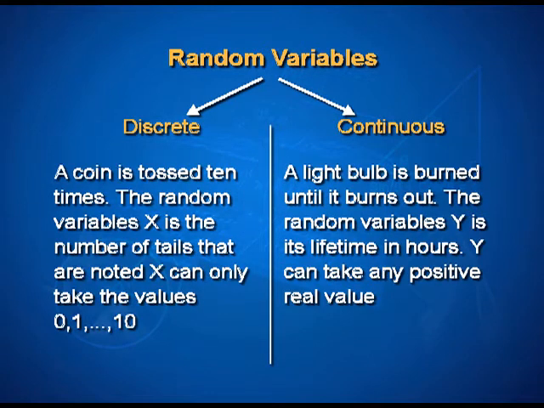Our first example, where a coin is tossed 10 times, the random variable x counts the number of tails and takes values 0 to 10. So, it is a discrete random variable, whereas y, which represents the lifetime in hours, can take any positive real value, and that is continuous. For our discussion, as in grade 12, the random variable will always be the discrete random variable.